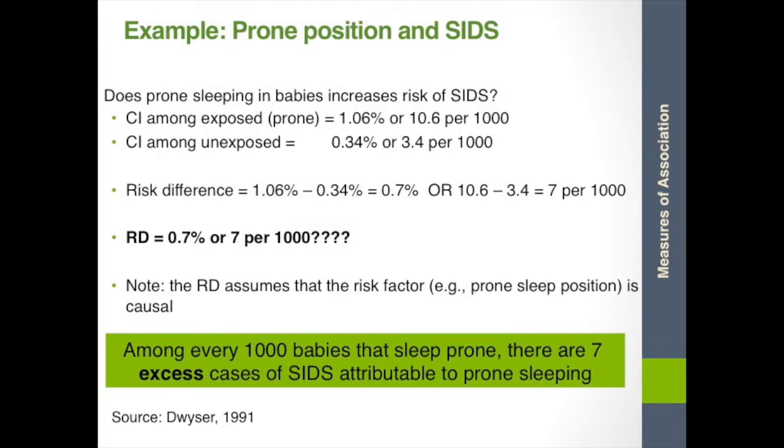We now calculate the risk difference between these two measures of risk, and now we can say that the excess of sudden infant death syndrome among babies who slept prone was 7 per 1,000 babies, or if sleeping prone causes SIDS, then 7 cases of SIDS per 1,000 babies could be eliminated if sleeping prone was prevented. We can also say that there is a 7% excess risk of SIDS among babies who sleep prone compared to babies who do not sleep prone.